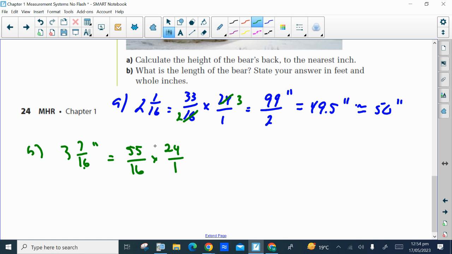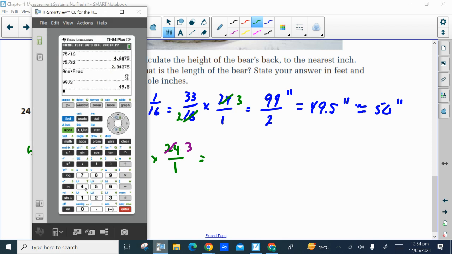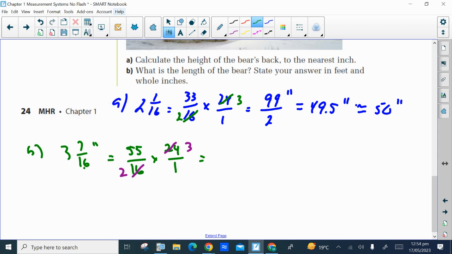It means the actual dimension is 24 times the dimensions in the picture. Once again, we can simplify first. We can divide top and bottom by 8 again and get 3 and 2, like we did before. And so now we've got 55 times 3, which I think is 165. Yeah, 165 over 2.